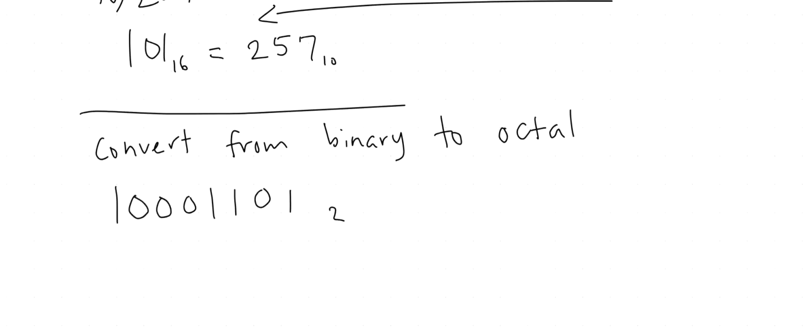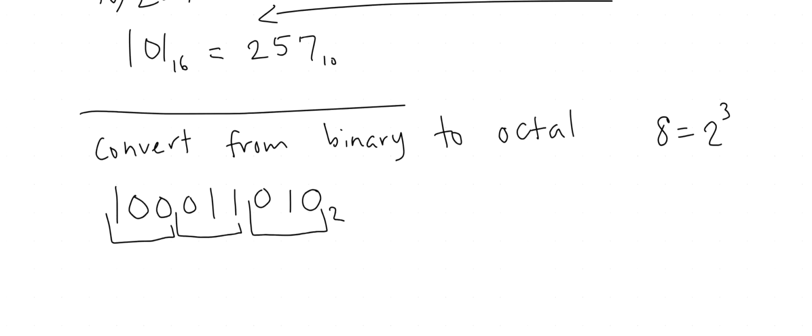So here's the trick. Because 8 is equal to 2 to the power of 3, we want to look at this number in groups of 3. So let's convert each of the numbers in the brackets into base 10.